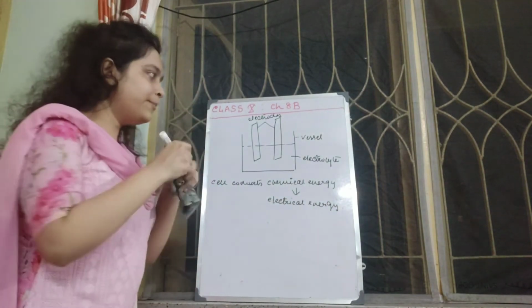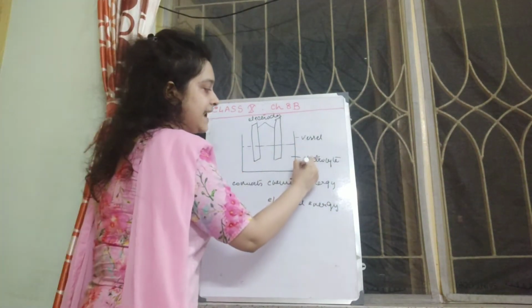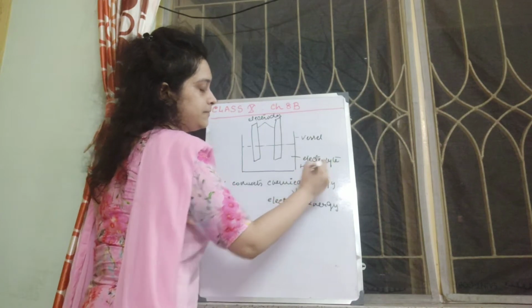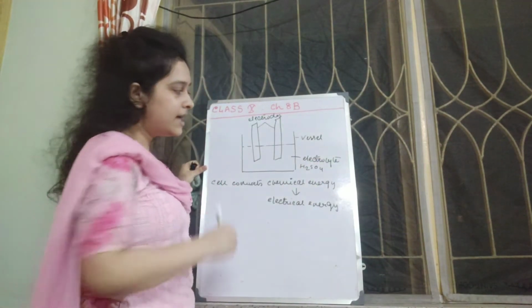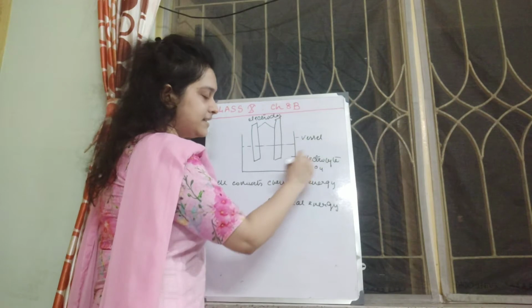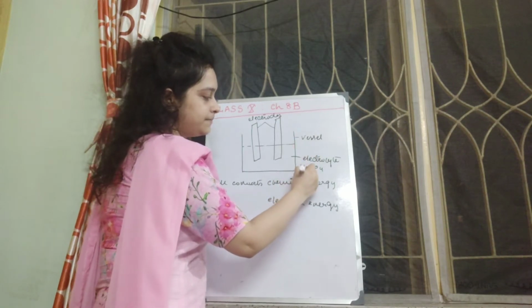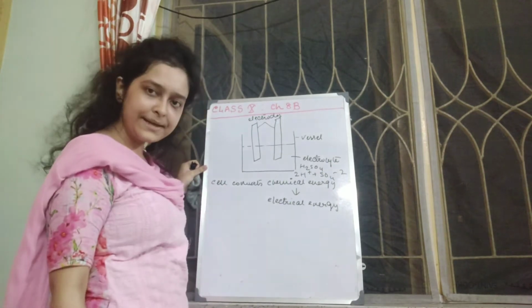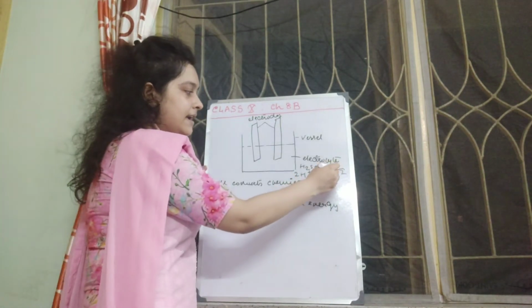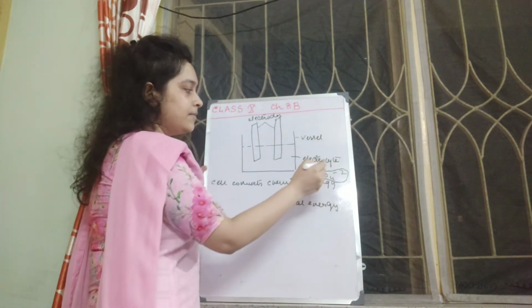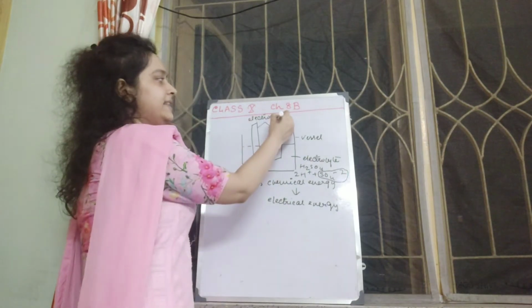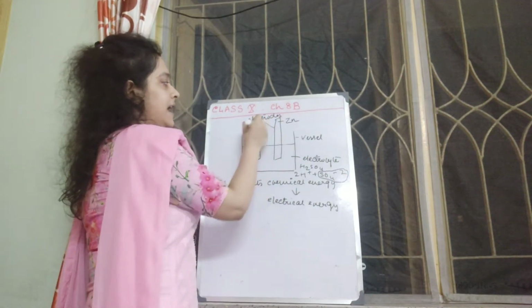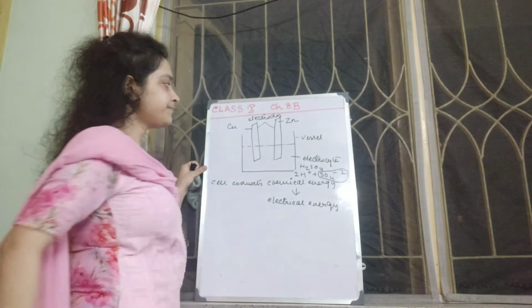Right? Suppose I have taken the electrolyte as dilute H2SO4. How will it dissociate in aqueous solution? Now these ions move towards the electrodes. Say I have taken this as zinc and this as copper.